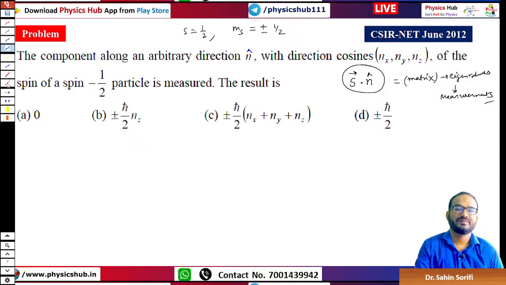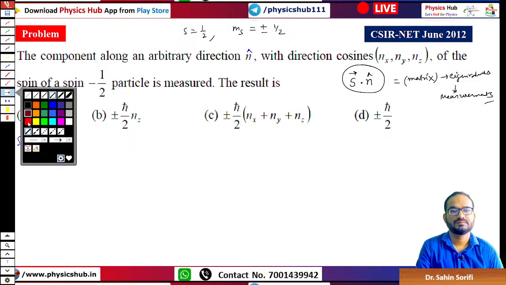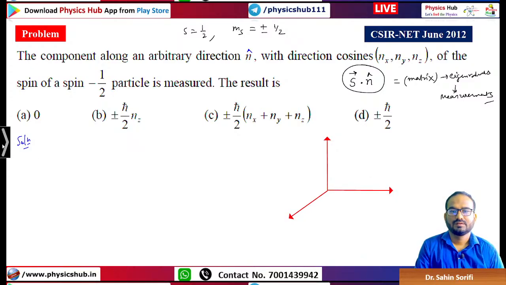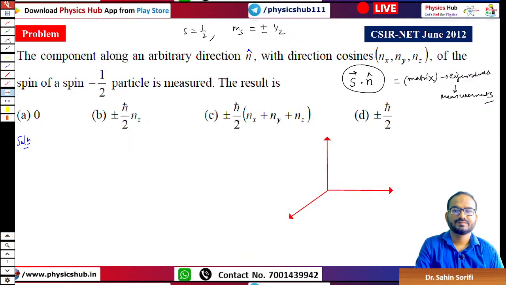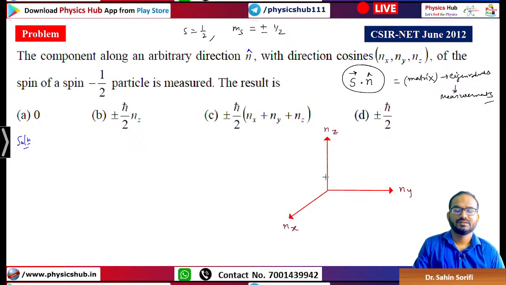You can imagine a picture like this. Direction cosines nx, ny, nz. Let's say this is nx, this is ny, this is nz, and for the sake of argument, we are considering that S is this.